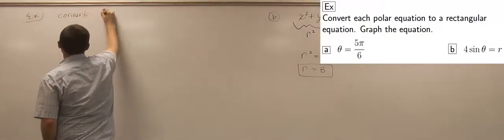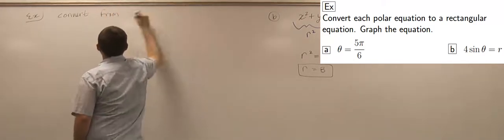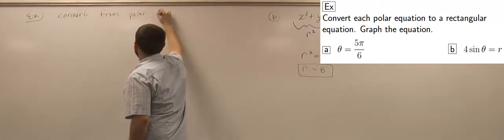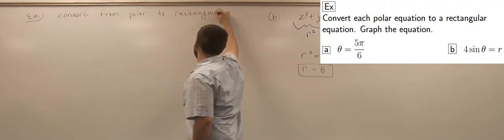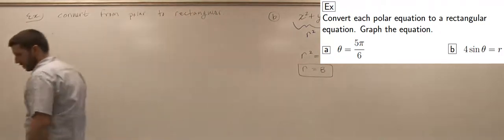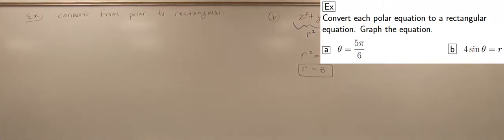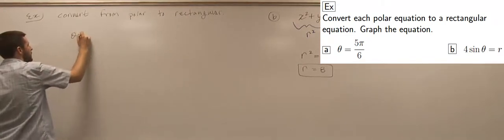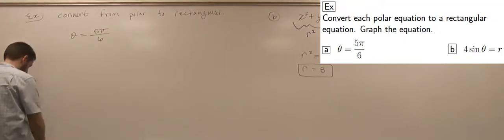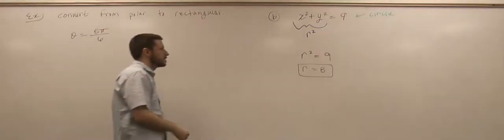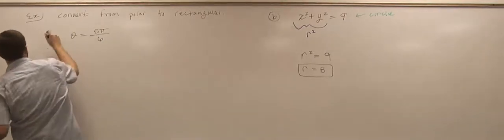So convert from polar to rectangular. Theta equals 5 pi over 6. First polar equation.